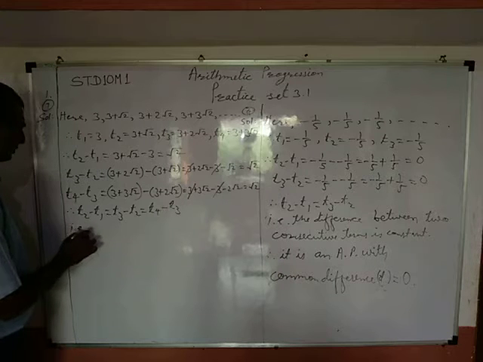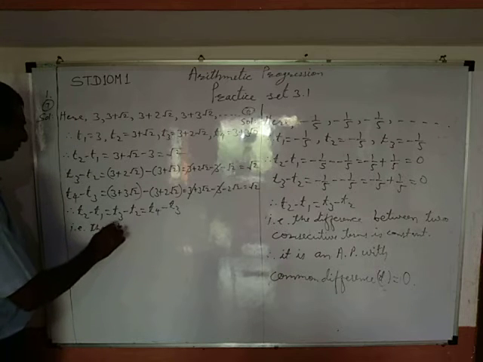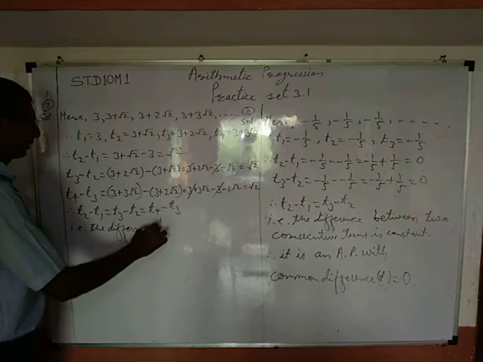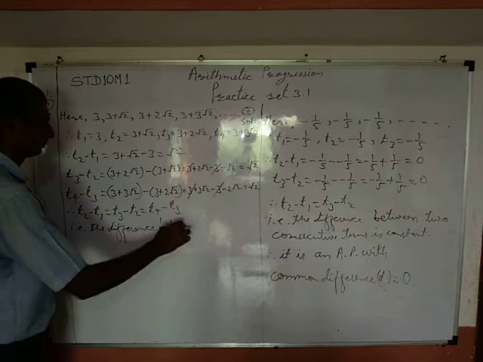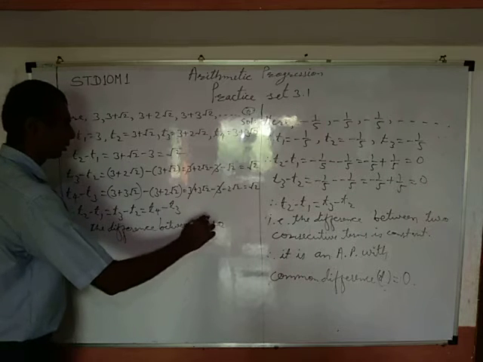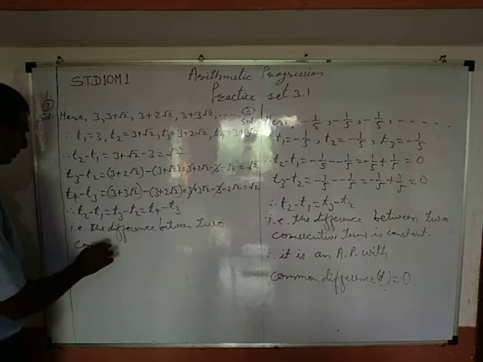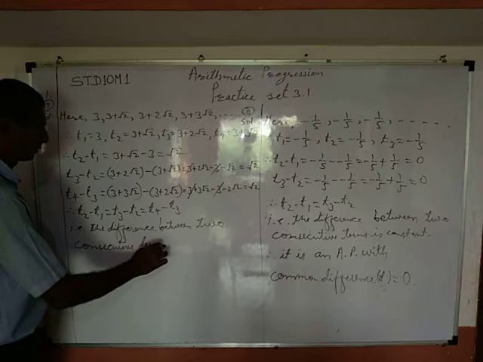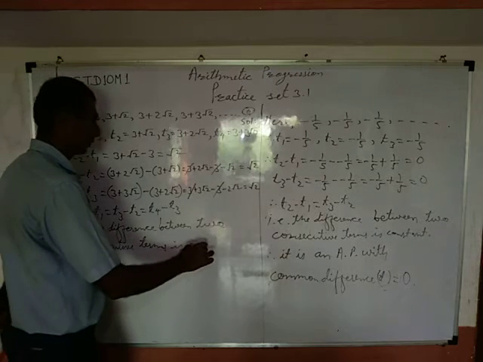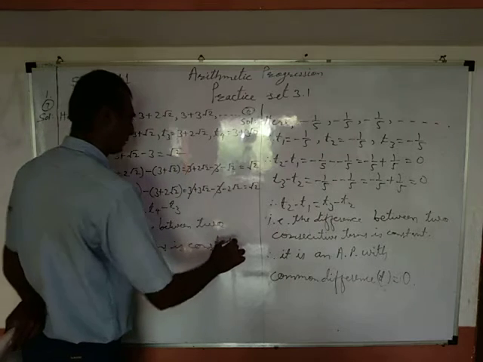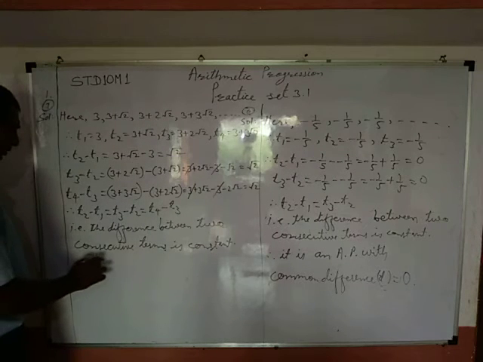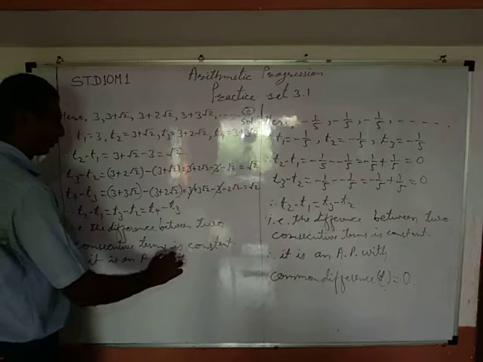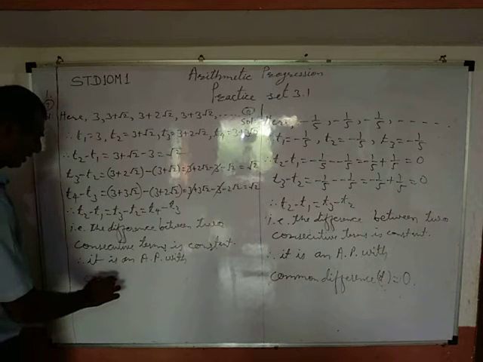That is, the difference between two consecutive terms is constant, and therefore it is an AP with common difference.